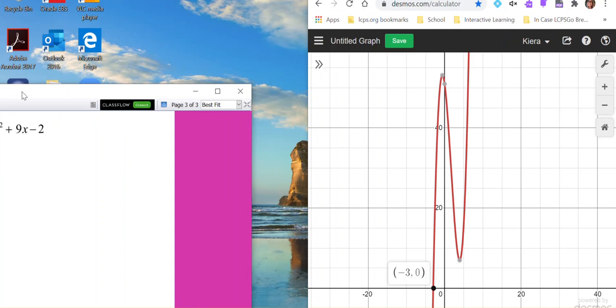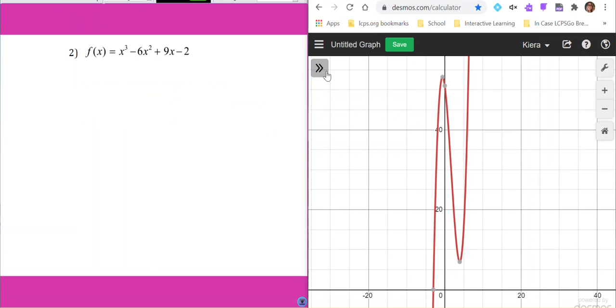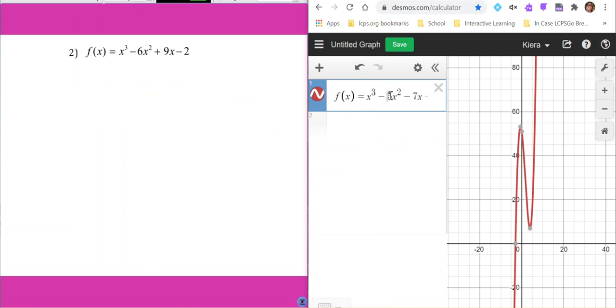Let's try another one. So again, I'm going to start by putting it into Desmos to look at the graph.